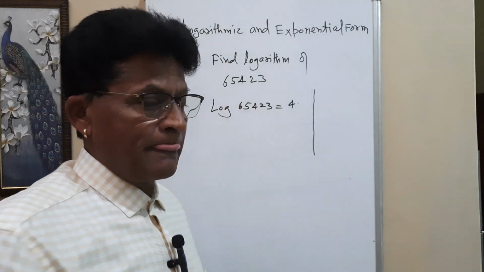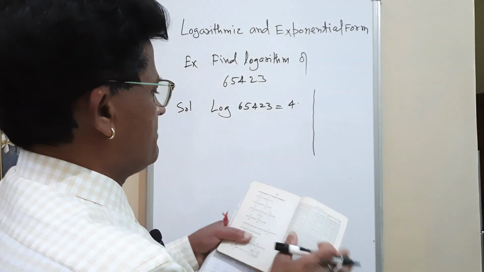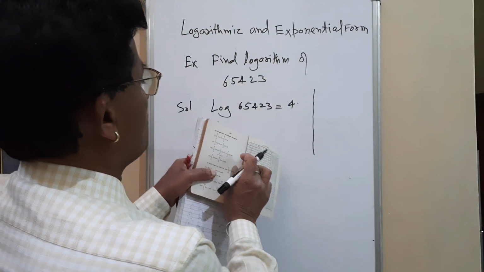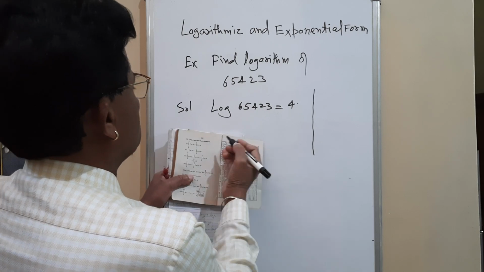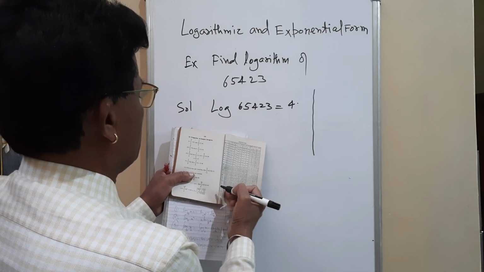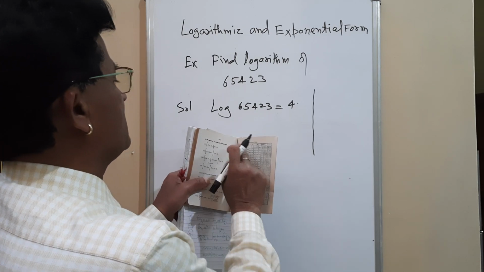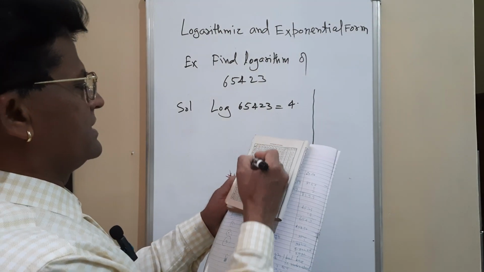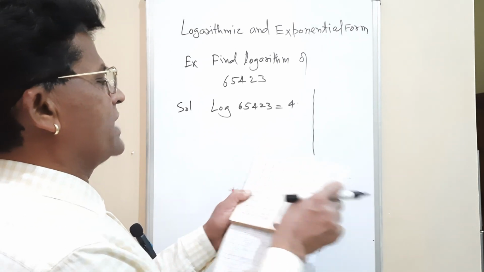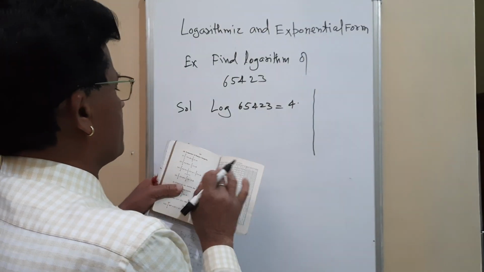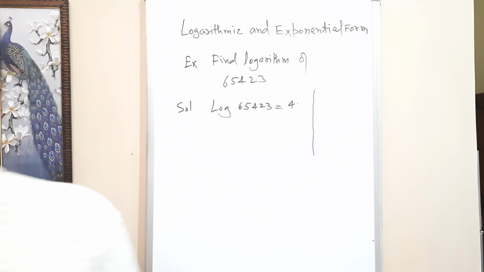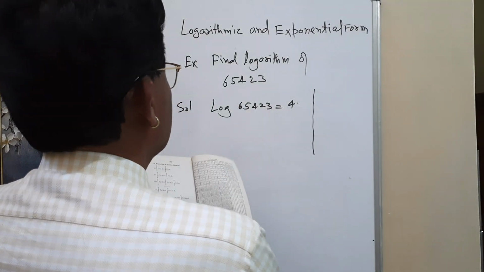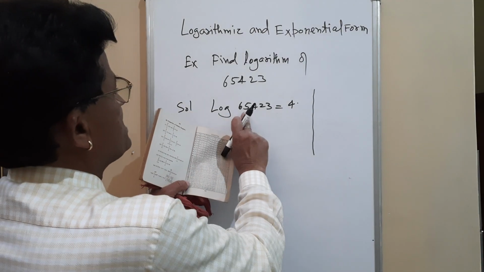Look at 65 at 4. There is a column, one column. I think that may not be visible to you. This is the vertical line, the first column, and this is the horizontal line. In this vertical line, you will see the value 65 at 4.